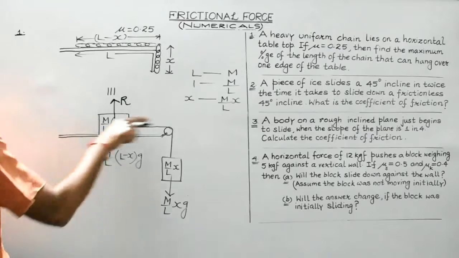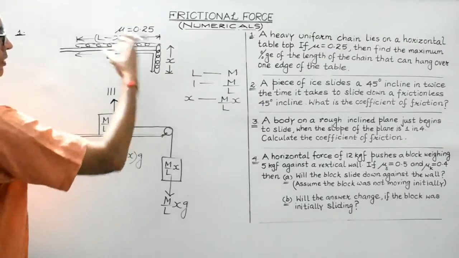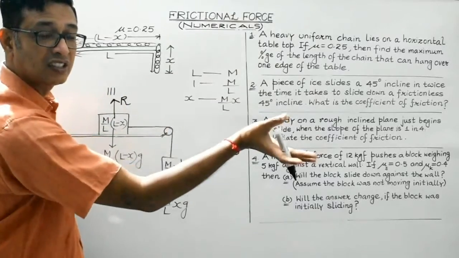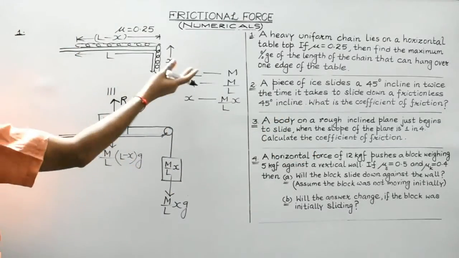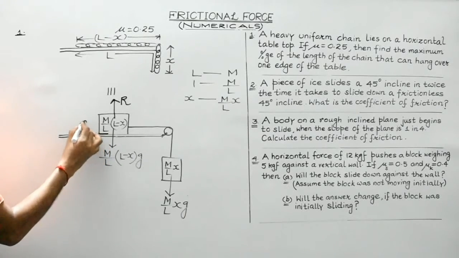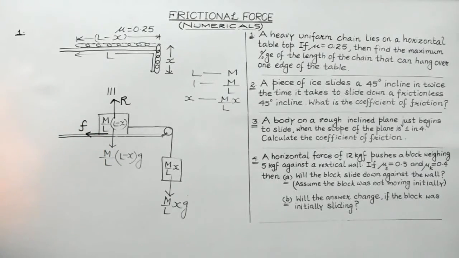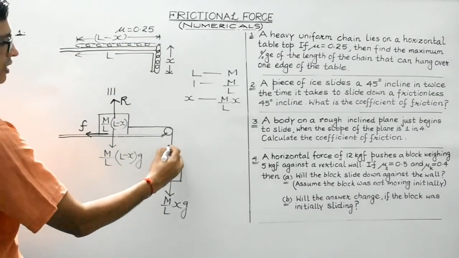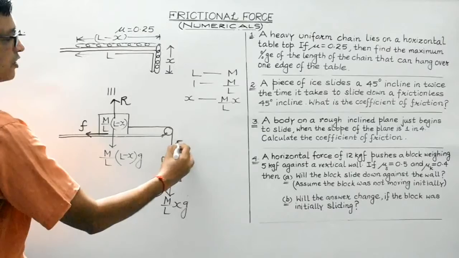It will tend to move along this direction. This hanging part will make the rest of the chain slide towards this direction, isn't it? And this is being prevented by the force of friction, which will act in a direction opposite to which the body tends to move. Right? And this is the force in between. So it may be considered to be F dash.